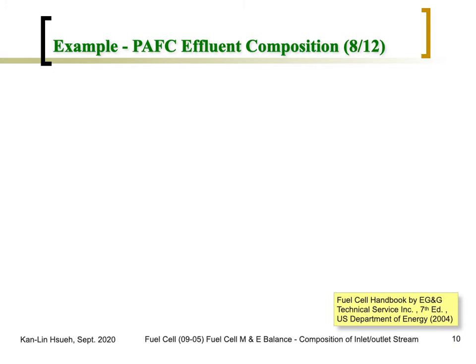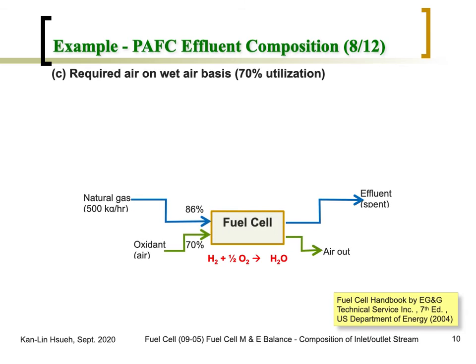And then next, we're going to calculate the required air on a wet air basis, with a 70% utilization rate. From this flow diagram, we know the oxygen consumption rate, but the air is only 70% utilized, so we need to trace back from the oxygen to how much air flow rate is required. The composition of the oxygen inside the wet air is given by this table.